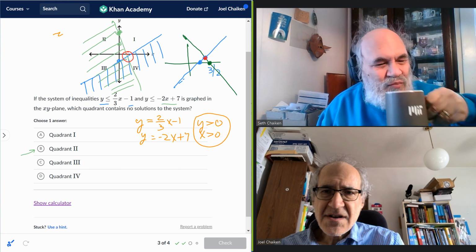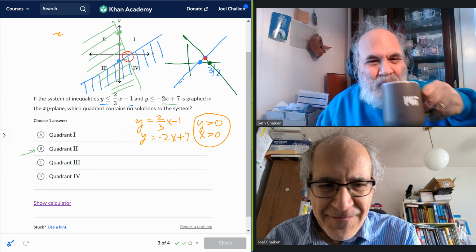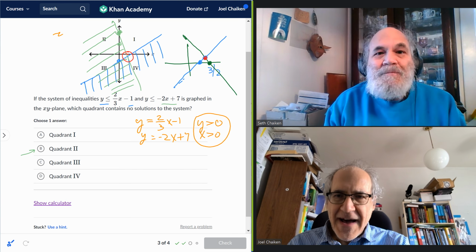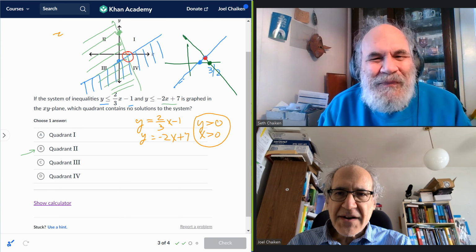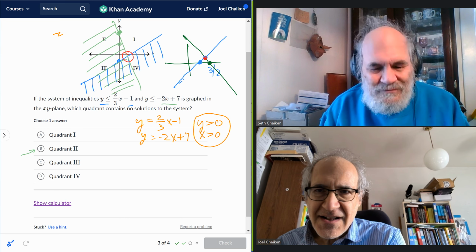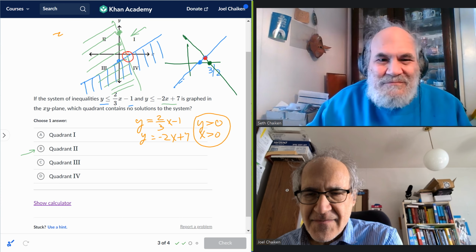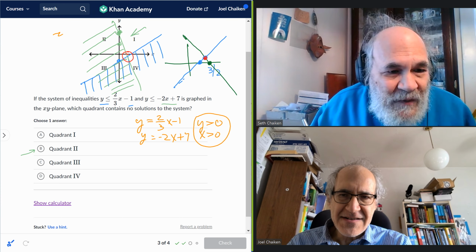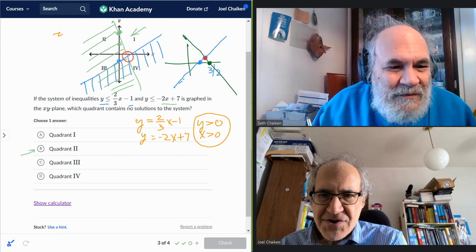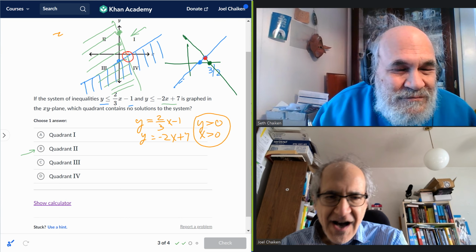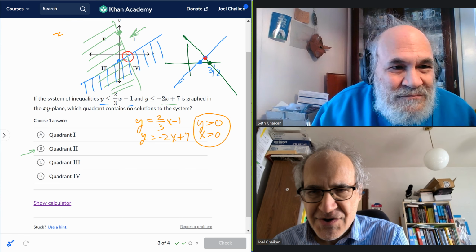So Seth made a very long explanation about something interesting that I overlooked: the way I drew this, there are actually two possible answers, quadrant 1 and quadrant 2, because there's no intersection. The way I drew it, there's no intersection in quadrant 1.